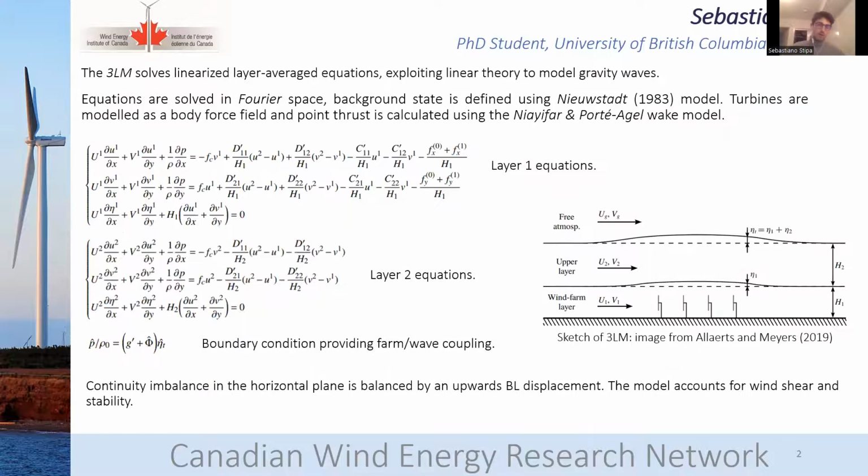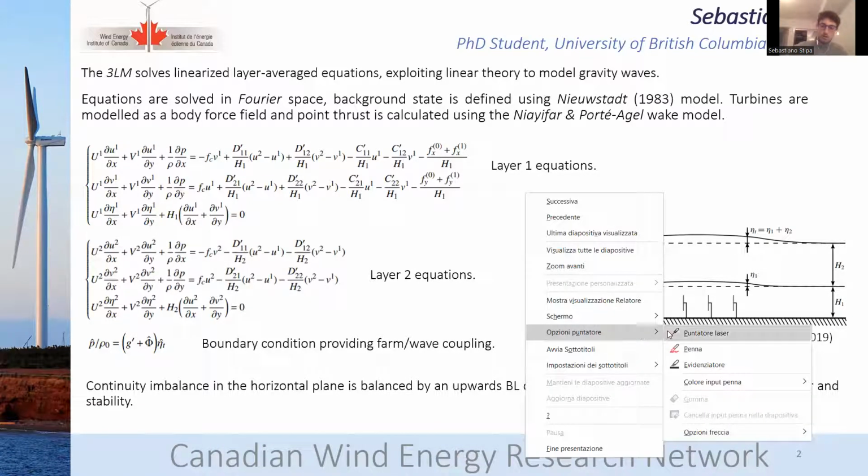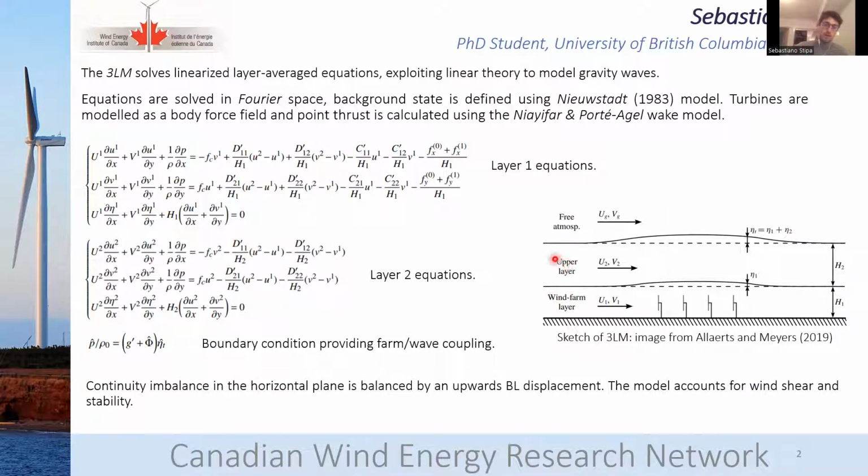Regarding the 3-layer model, this is derived from the 3D Navier-Stokes equations, which are first expressed in their vertically averaged form. The boundary layer is divided into two layers: the wind farm layer and the upper layer, and then there is the free atmosphere.